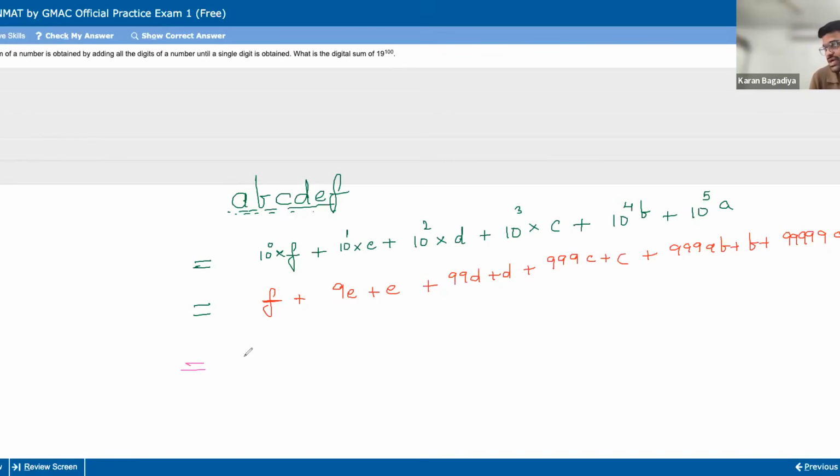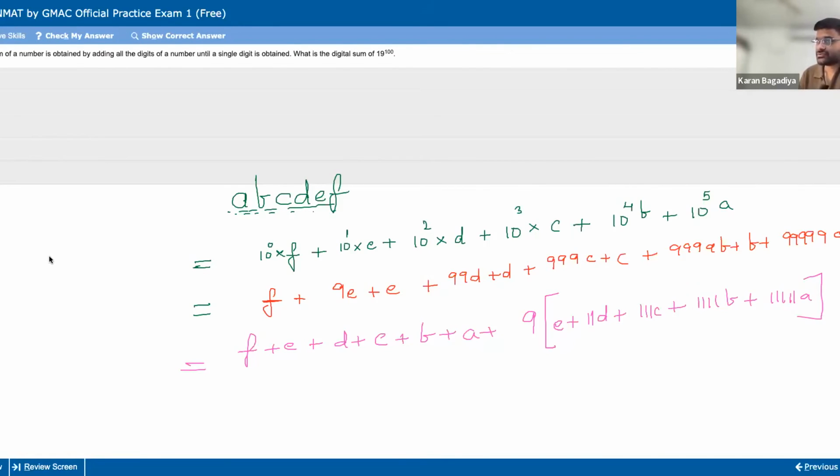Check. I'm going to isolate now F plus E plus D plus C plus B plus A. And then can you see from the rest, I can pull out a 9 common. Check. I'm going to wait here for 1 minute. And is it becoming clear what we want to do?